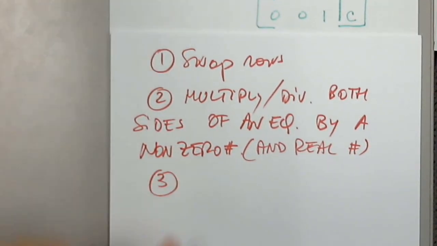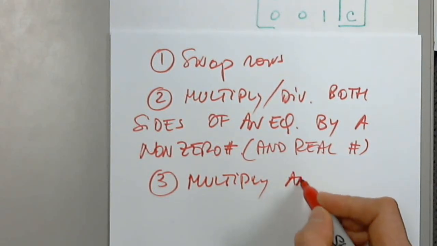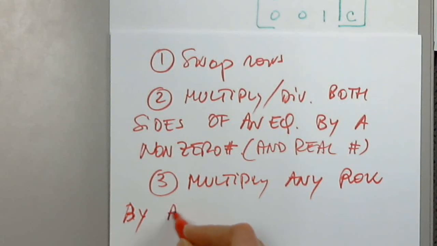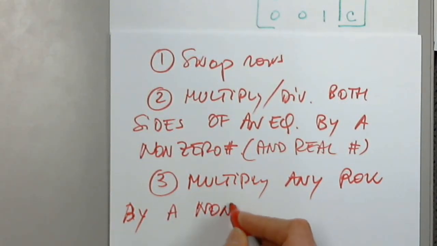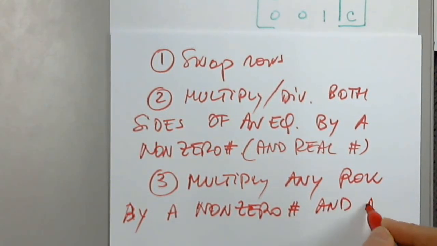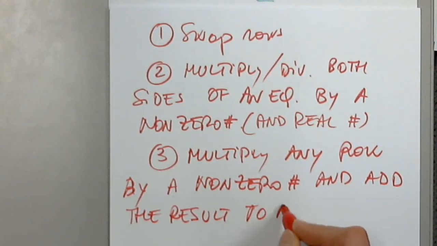Trick number 3: multiply any row by a non-zero real number and add the result to another row.